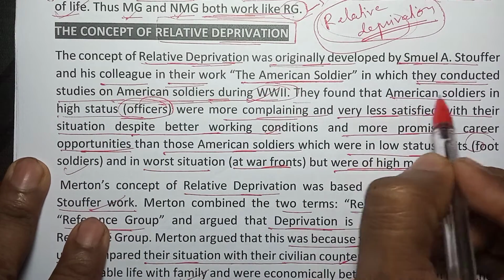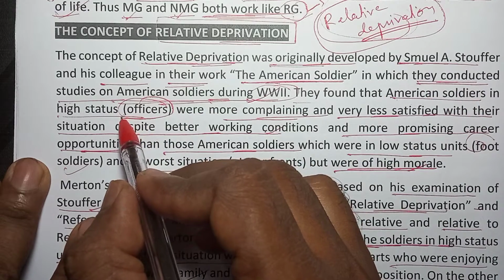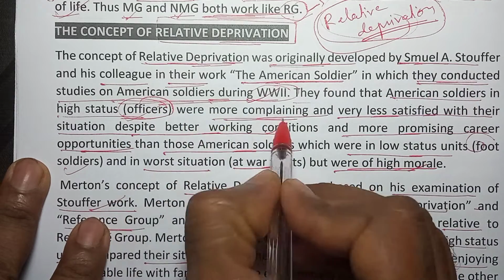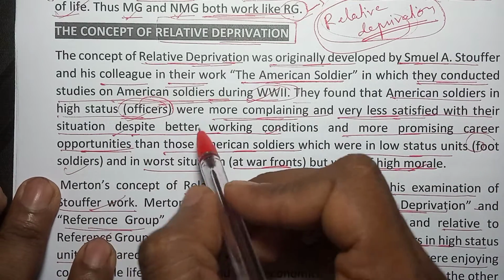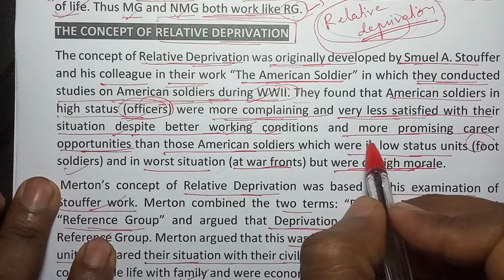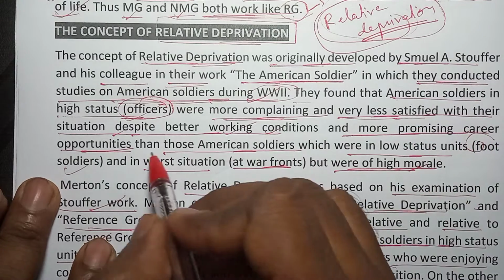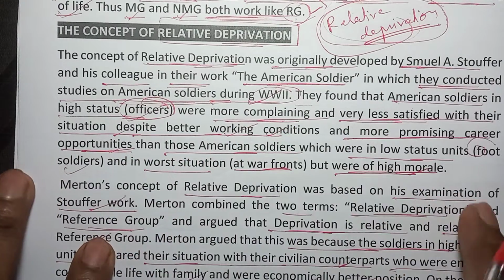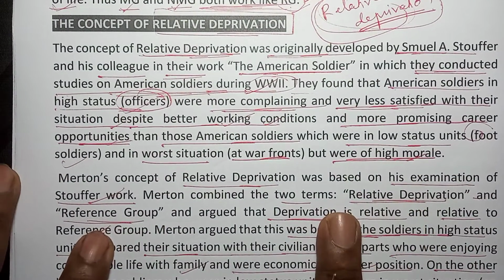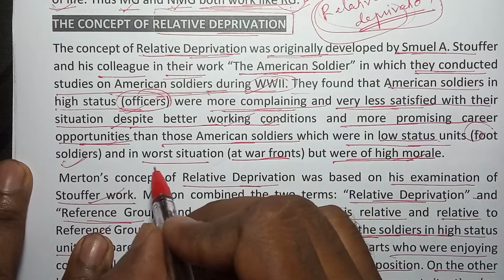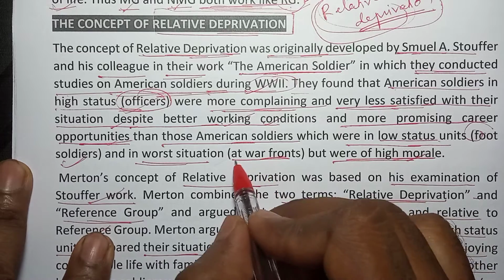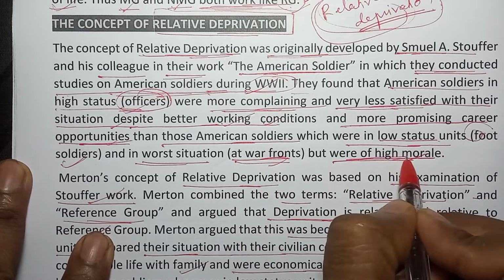They found that American soldiers in high status units were more complaining and very less satisfied with their situation, despite their better working conditions and more promising career opportunities, than those American soldiers who were in low status units, foot soldiers in a worse situation at the war front, but were of high morale.